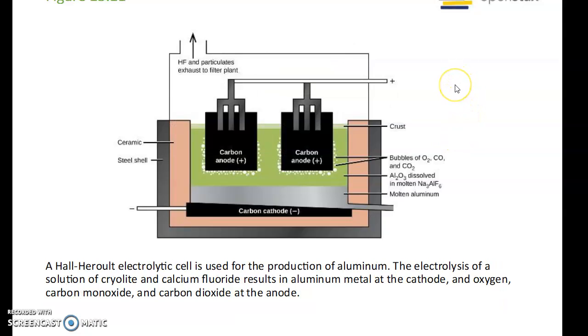Another one that involves electrolysis is the production of aluminum. Now, aluminum is the third most abundant element in the Earth's crust. However, it wasn't until 1886 that Charles Hall was able to finally extract aluminum from the aluminum oxide salt.